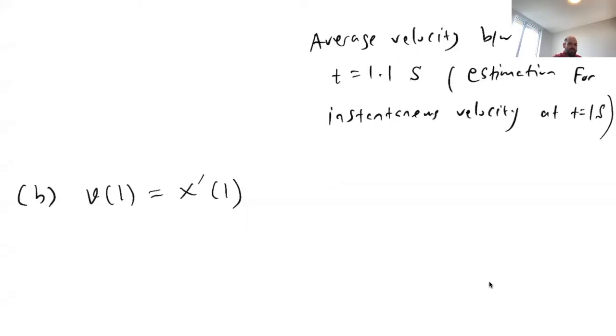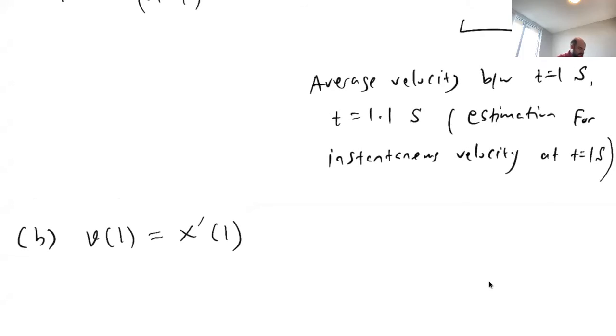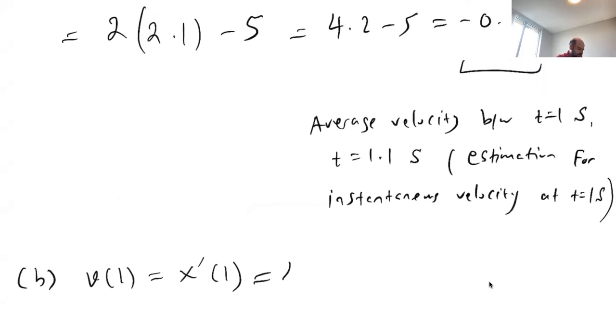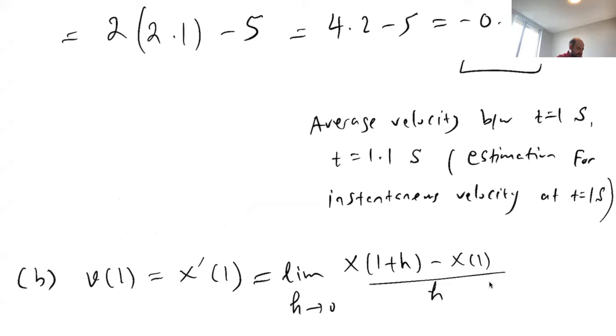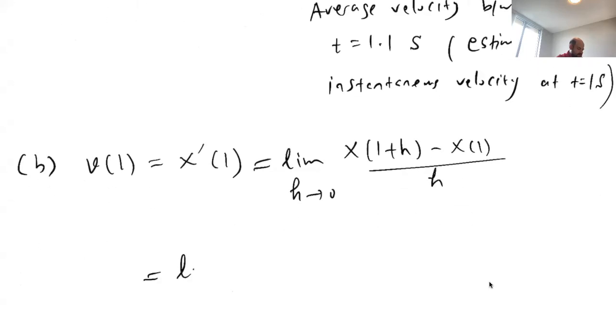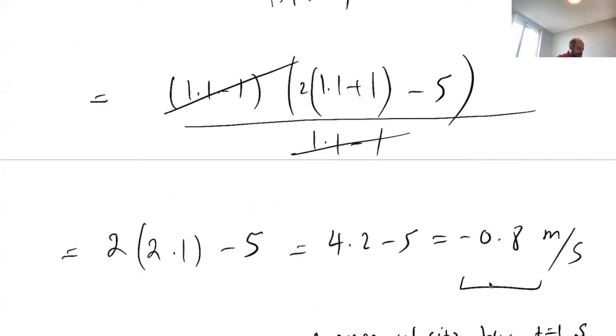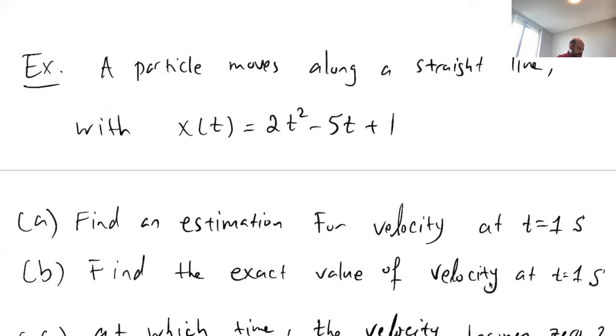Yeah, velocity at 1 is the derivative of x at t equals 1. And what is that going to be? Limit of x of 1 plus h minus x of 1, divided by h, as h approaches 0. And then what is x of 1 plus h? So we have x of t. I have to replace t with 1 plus h.